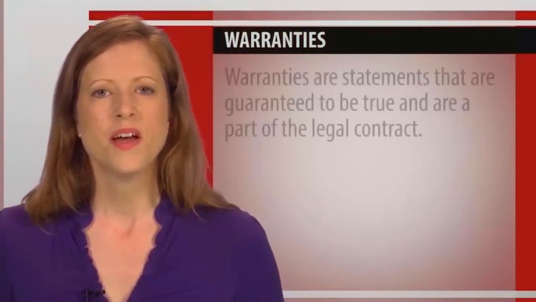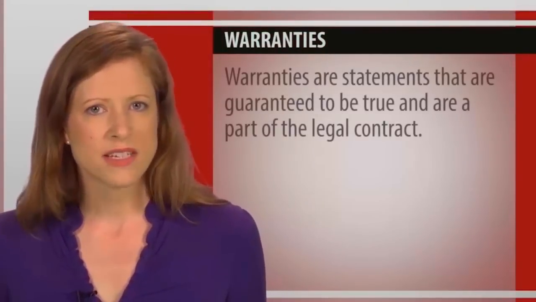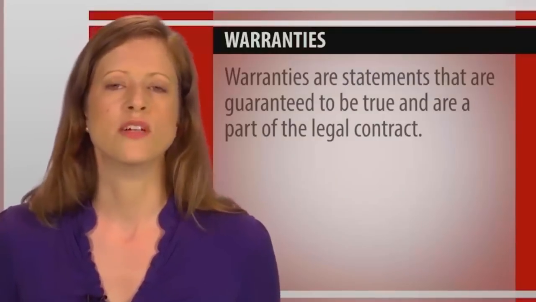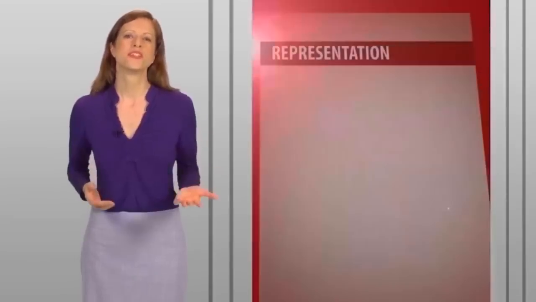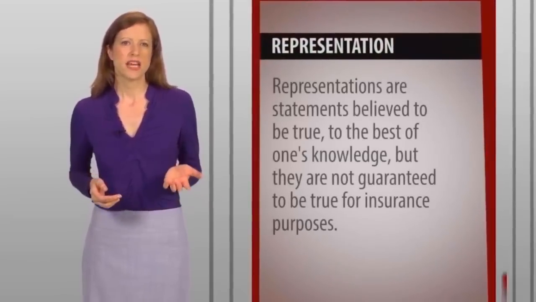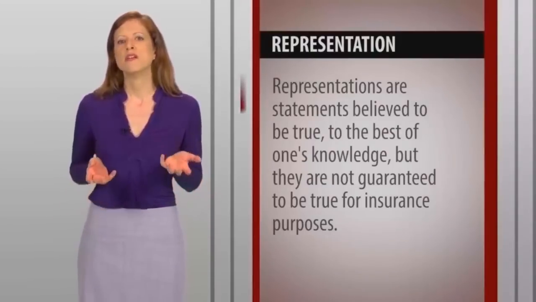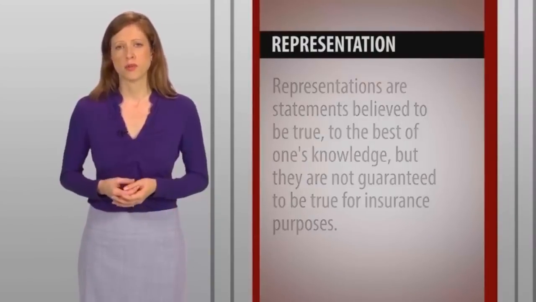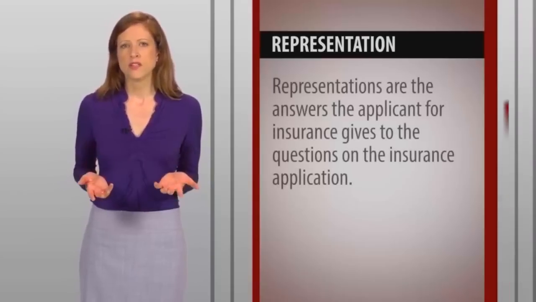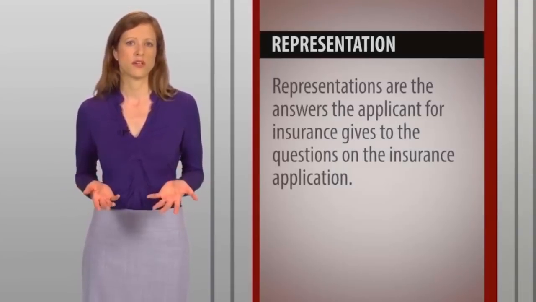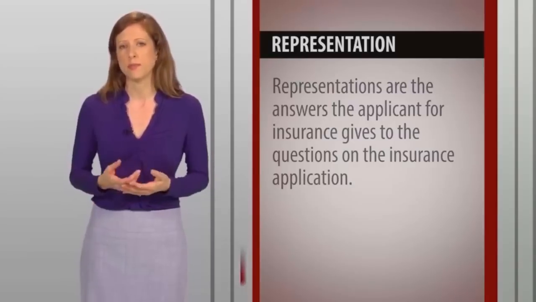Warranties. Warranties are statements that are guaranteed to be true and are part of the legal contract. Representation. Representations are statements believed to be true, to the best of one's knowledge, but they are not guaranteed to be true for insurance purposes. Representations are the answers the applicant for insurance gives to the questions on the insurance application.